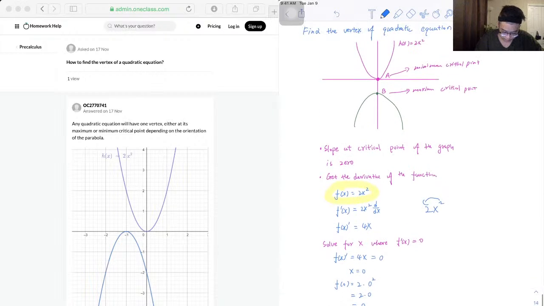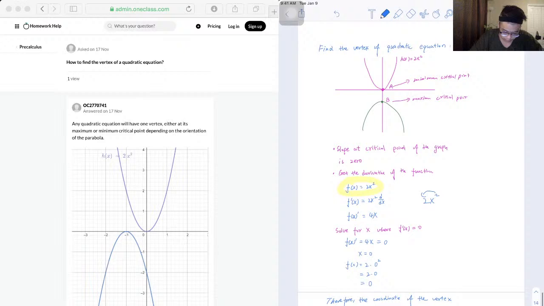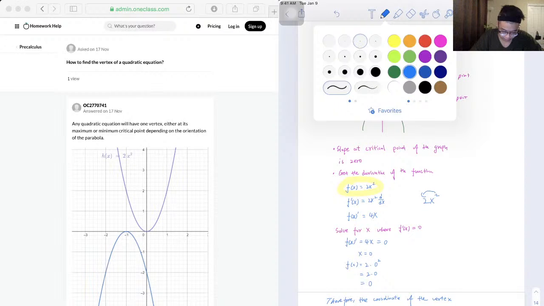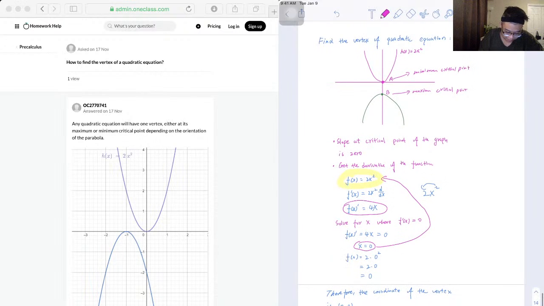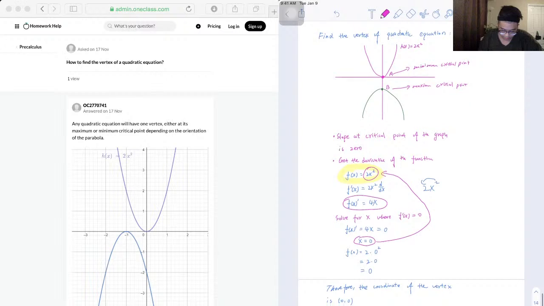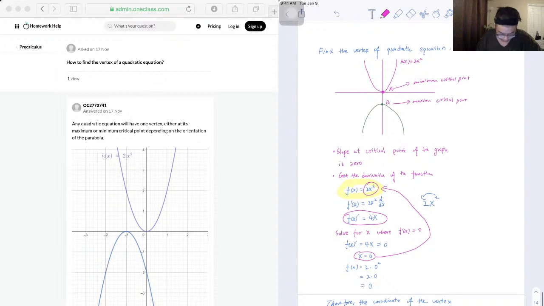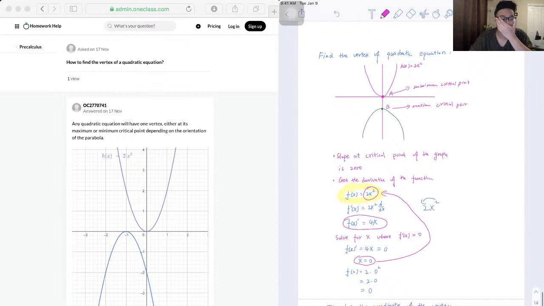Just one thing I want to mention: after you finish solving the x coordinate, remember to put it back into our original f(x) function instead of the derivative of f(x). So in this case, we need to sub it back into the 2x squared instead of 4x. I think that's all we got for this question.